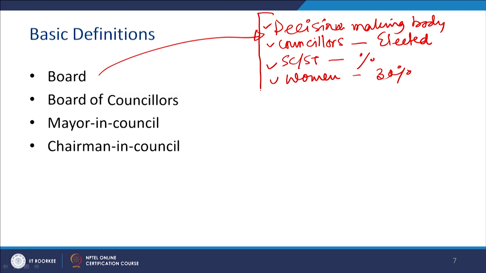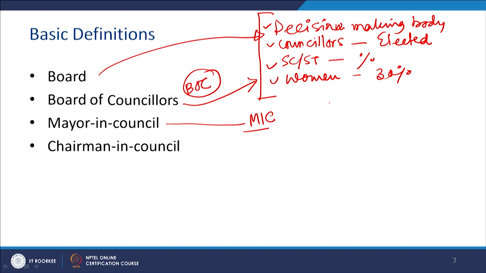So, this is how the highest decision making body, which is called the board of councillors, will be formed in a municipality. This board of councillors, in short BOC, will take the maximum decisions in the urban local bodies. There is another concept of the mayor in council, in short MIC.